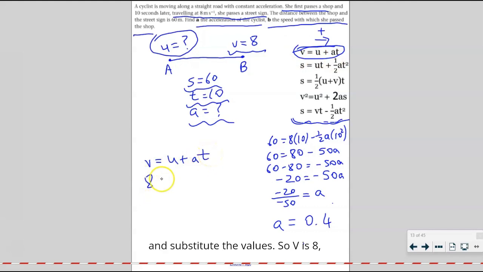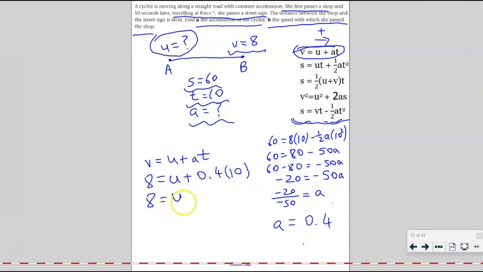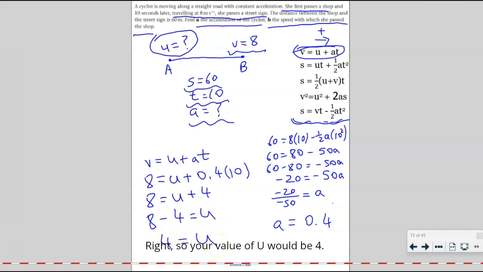So v is 8, u we do not know, so keep that as u, a is 0.4 and t is 10. Right, so your value of u would be 4.